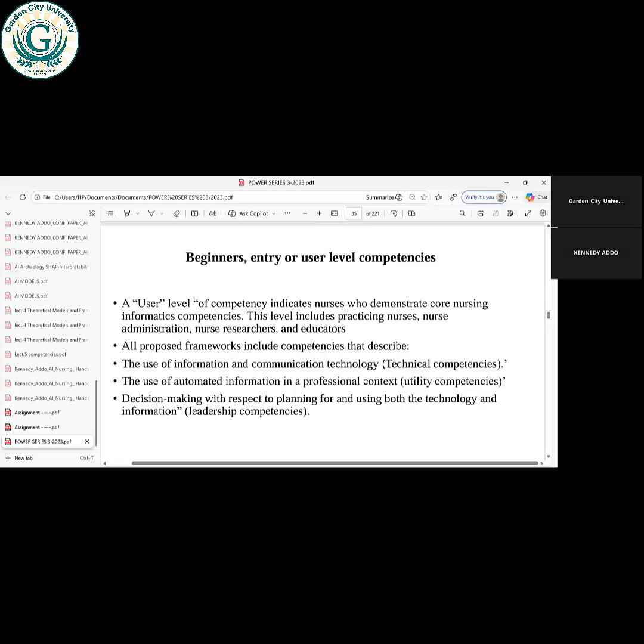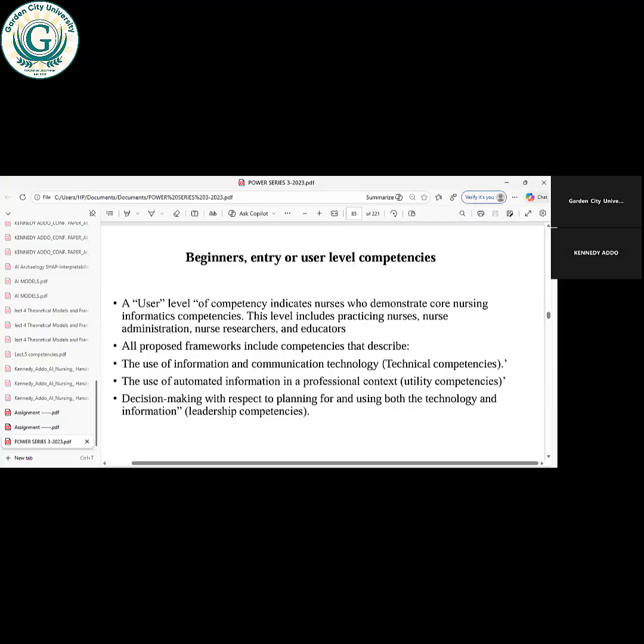So we will look at whether a beginner is able to use automated information systems in a professional context. Then we also look at leadership competencies, whether a beginner has what it takes to plan for and use both the technology and information system.